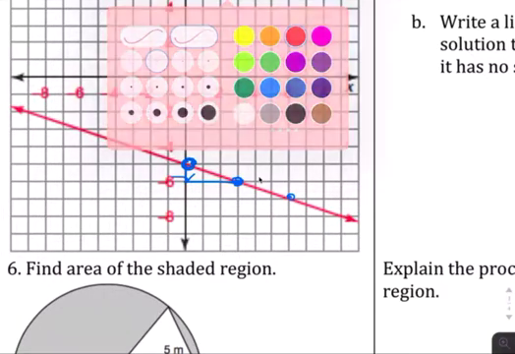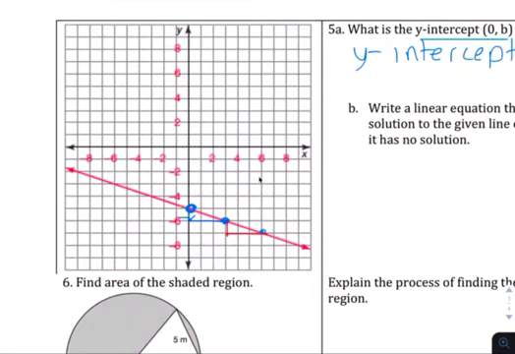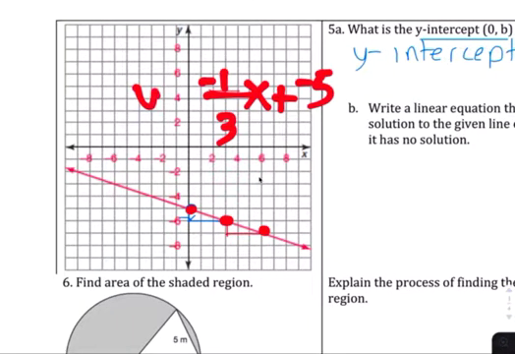So your slope is down 1 over 3 each time, right? That gets an x, plus your starting point, which is -5, your y-intercept. That's y equals. That's the equation of that line.